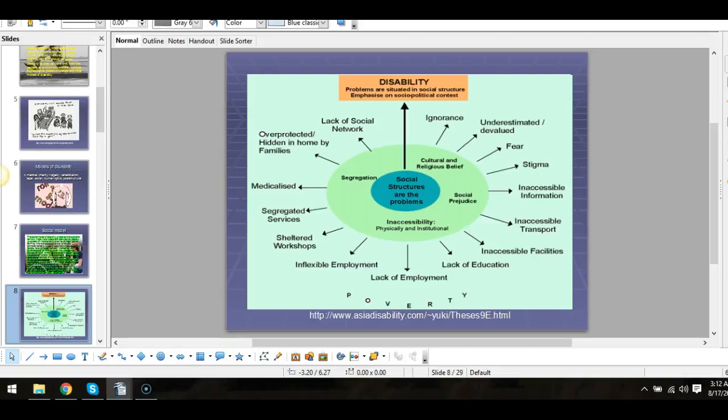It talks about ignorance, being underestimated, devalued, fear, stigma, inaccessible information, inaccessible transport, inaccessible facilities, lack of education, lack of employment, inflexible employment, sheltered workshops, segregated services, medical services and medicalized model, overprotected or being hidden in home by families, and lack of social network. So this is the social model in a picture.